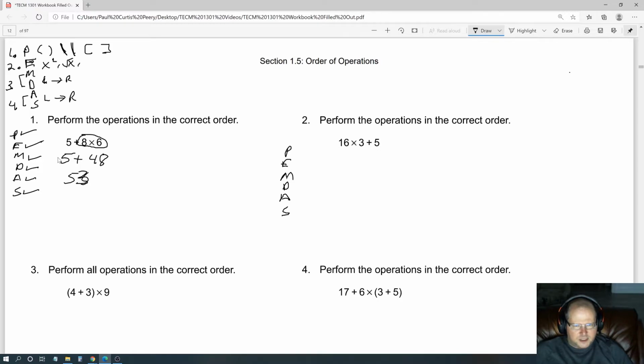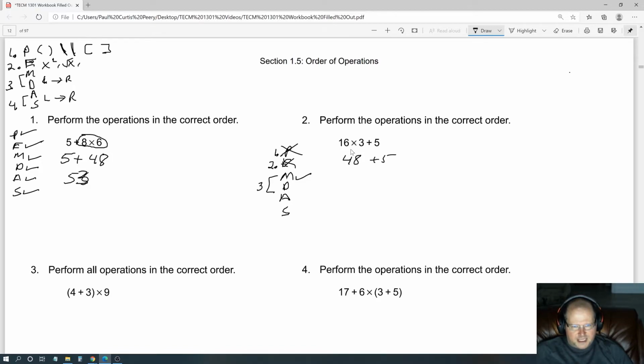PEMDAS, right? So we go down the list. First step, parentheses. Are there any parentheses? No. What about exponents? No. We're done with the exponents and roots. What about multiplication, the third step? Yes, there is multiplication. 16 times 3 is 48.